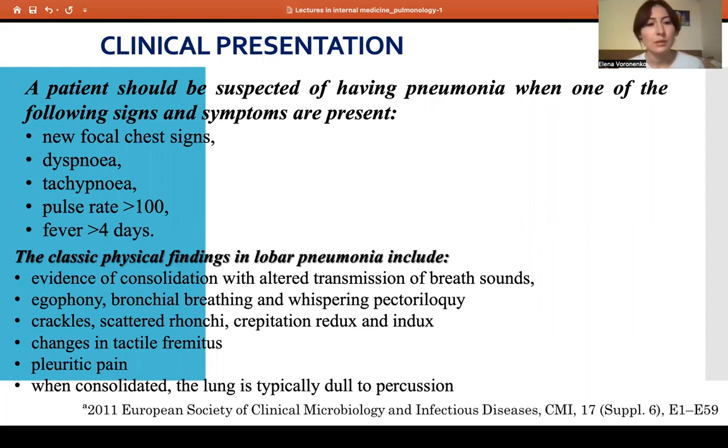The classical physical findings in lobar pneumonia include evidence of consolidation with altered transmission of breath sounds, egophony, bronchial breathing, and whispering pectoriloquy.